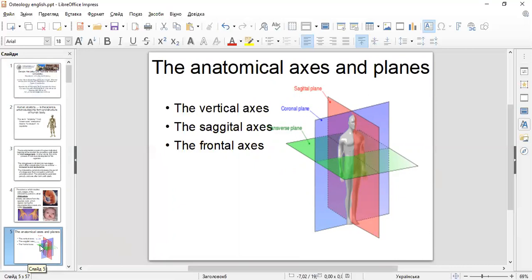Also, very important for normal anatomy is information about anatomical axes and planes. We have 3 anatomical axes: the vertical, the sagittal, and the frontal axis.